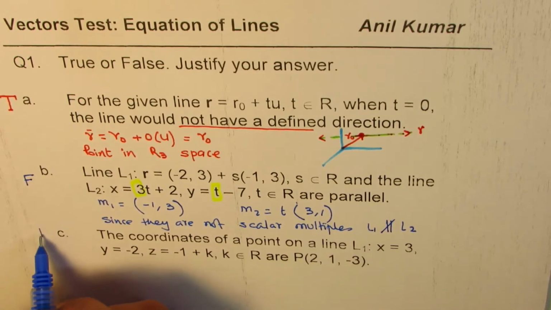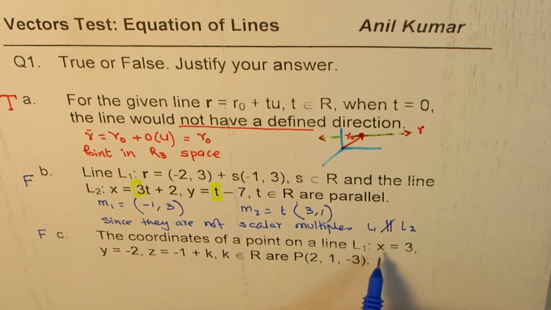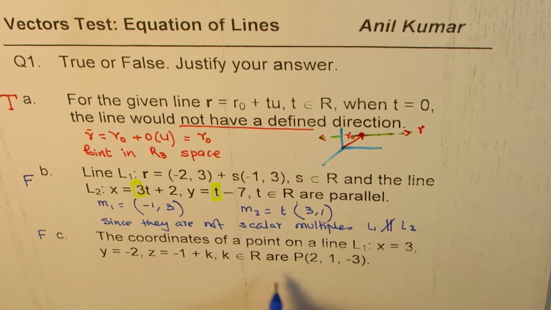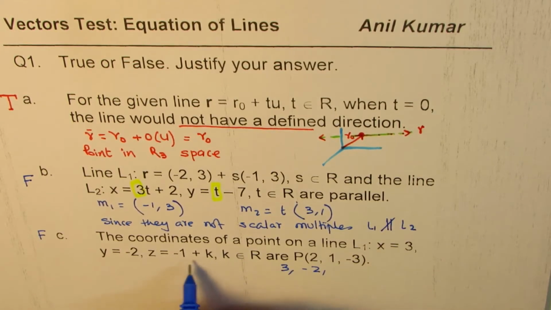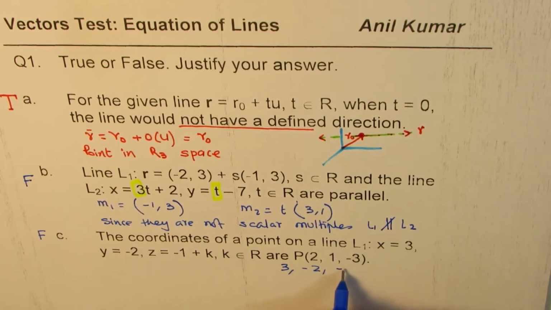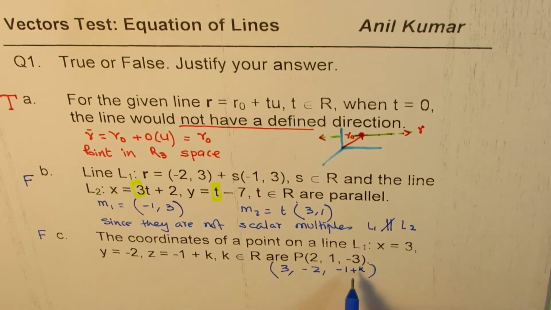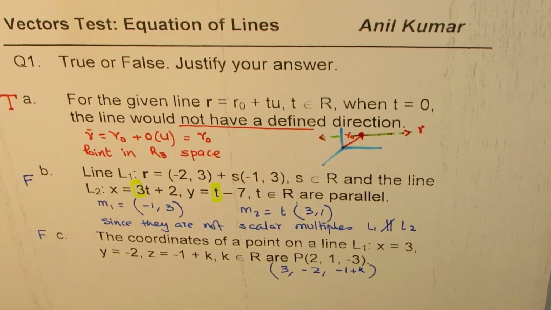Well, this is definitely false, since any point on this line should be like (3, -2, -1 plus k), where k could be any value. So -3, k could have -2 as a value, but x and y values are fixed. They are 3 and -2. So this is also false.